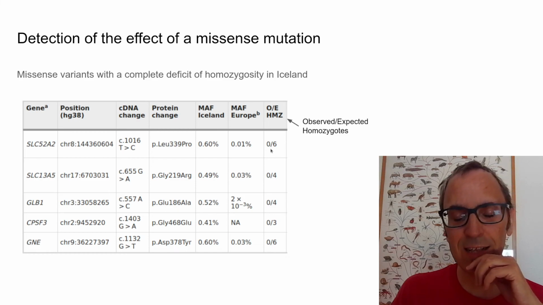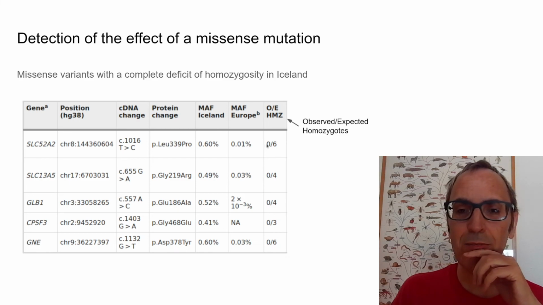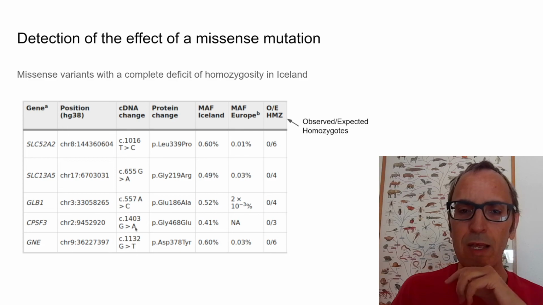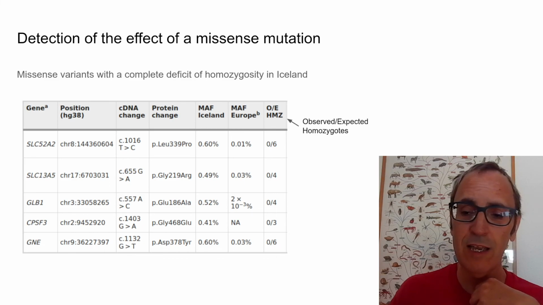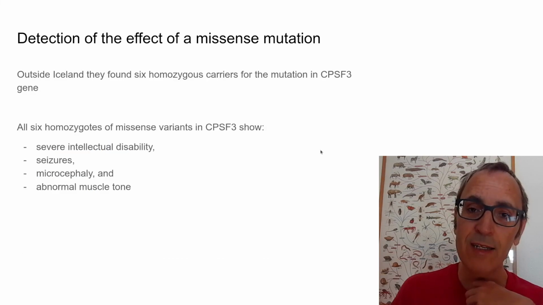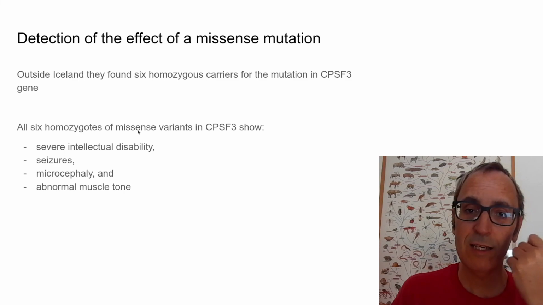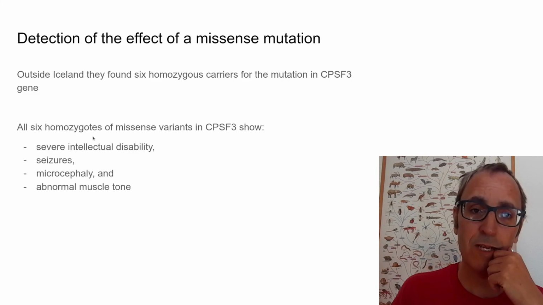That indicates that maybe there's something going on with these mutations, with these alleles. These alleles do have fewer homozygous individuals than expected, so maybe they are selected against. In fact, in the case of this gene, they found some homozygous individuals outside the Icelandic population, and they had problems. They found severe intellectual disability and other problems in these individuals.